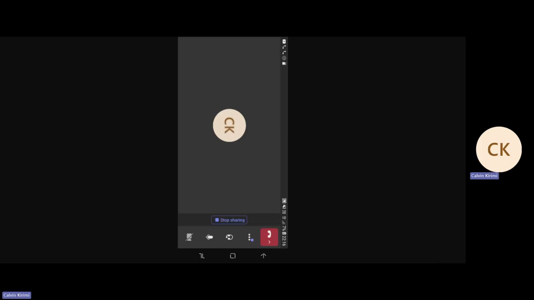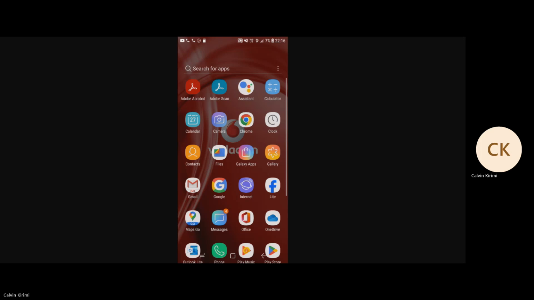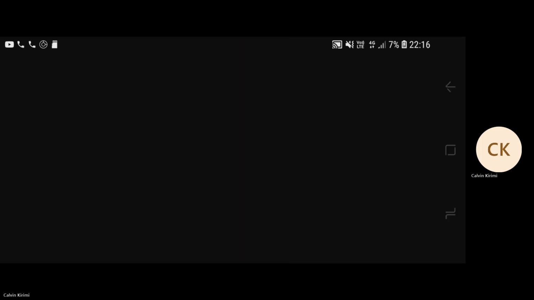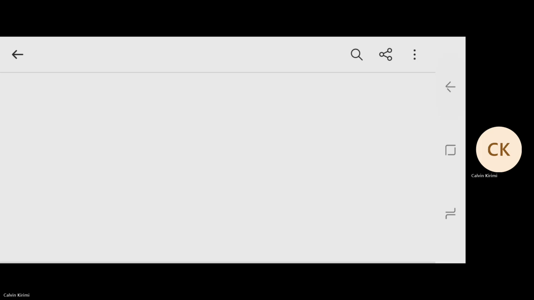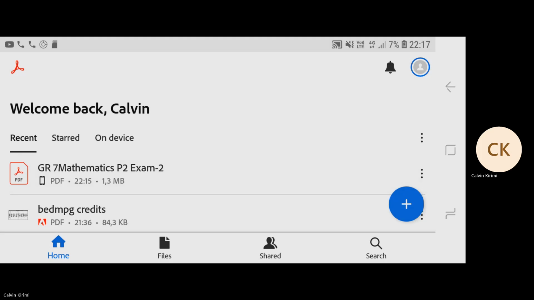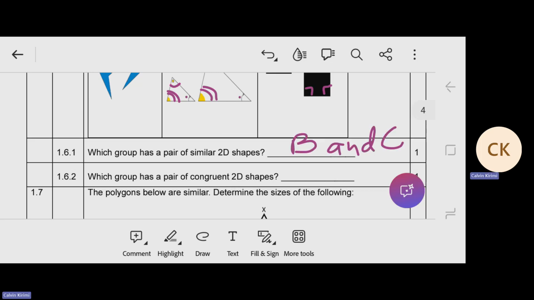Let's continue. Which group has a pair of congruent 2D shapes, which are exactly the same?